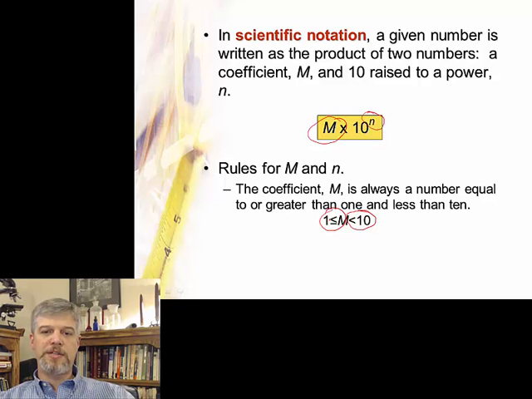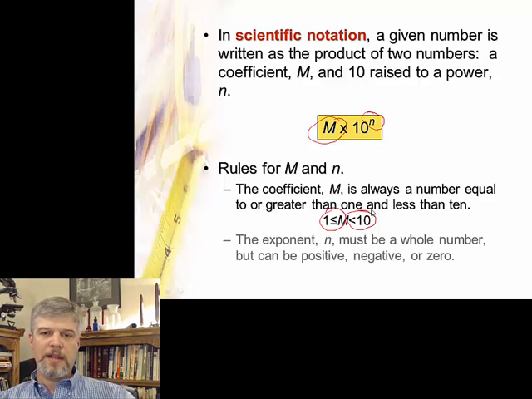So m is pinched between 1 and 10. If, for whatever reason, we were to get the number 10, we were going to have to adjust it so that it ends up looking like a 1. And that's what happens if we actually end up with a 10. Okay? So that's the rules for m.